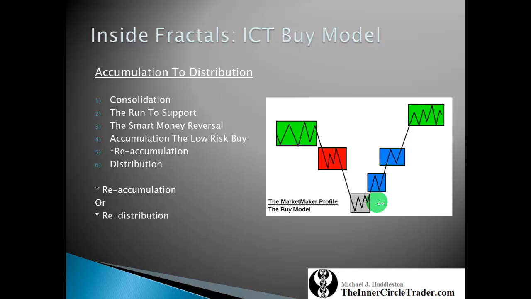As I'm describing this, until we actually talk about the ICT kill zones, session specific, that being the London Open, New York Open, London Close and Asian session, those are going to be dealt with later in the series. But for now, just understand the building blocks that make up this pattern and how we can learn to anticipate it in our charts.